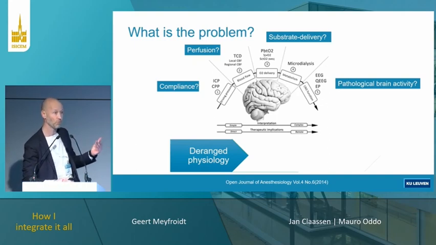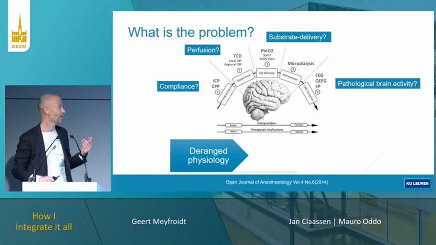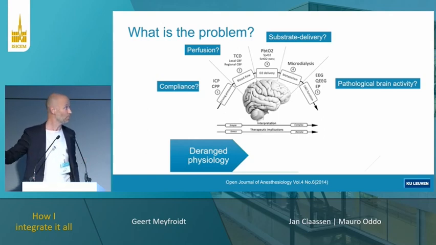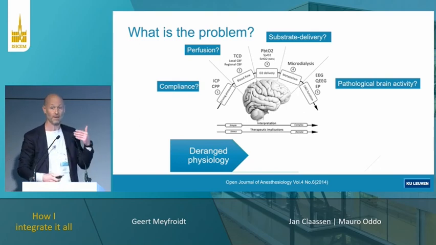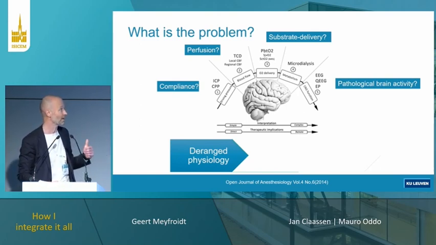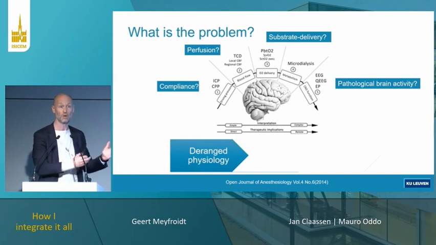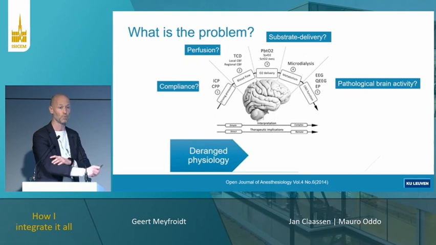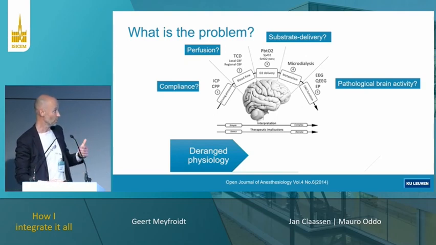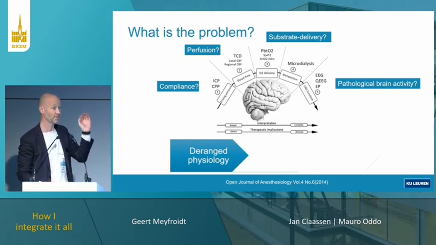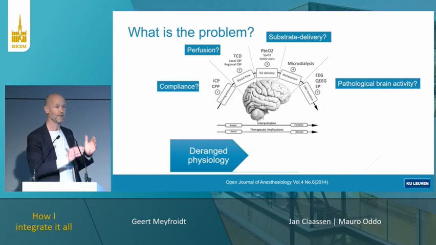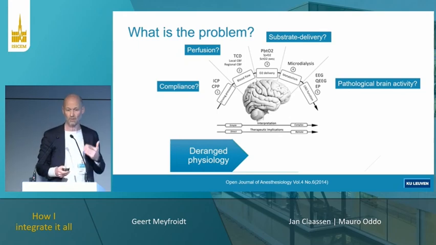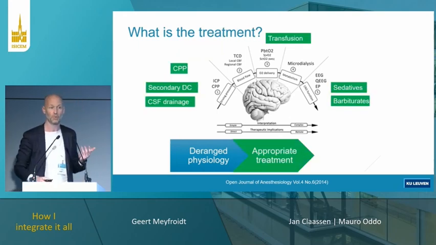Do I have a problem with perfusion, where also ICP monitoring can be a signal, but also TCD, maybe PbtO2 can help me. Is there a problem with substrate delivery here as well? PbtO2, microdialysis could be helpful, or is there pathological hyperactivity, and so maybe EEG probes or surface EEG, deep EEG could help here. And once I have identified the part of physiology that is deranged, then I can start thinking about an appropriate treatment.